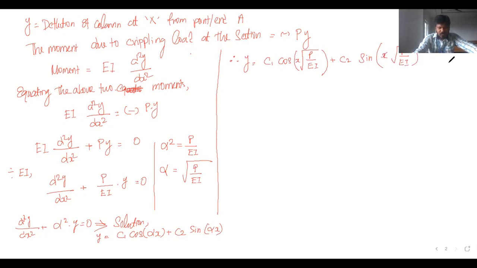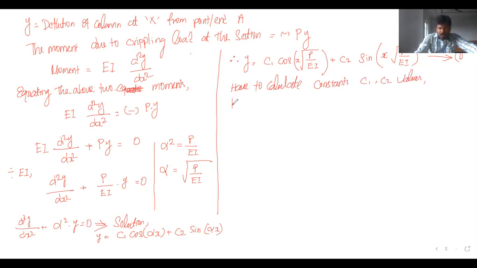So this is the solution for the equation. I am going to use this as equation number 1. In this equation, I need to find out the values of the constants C1 and C2.